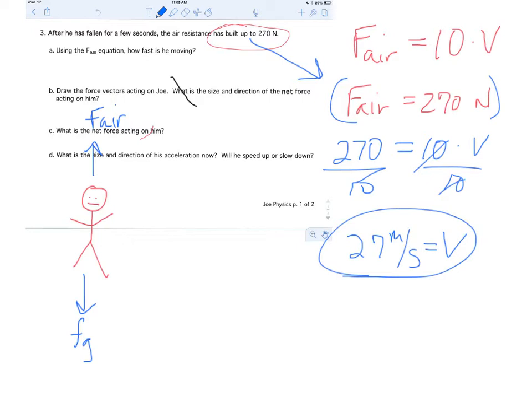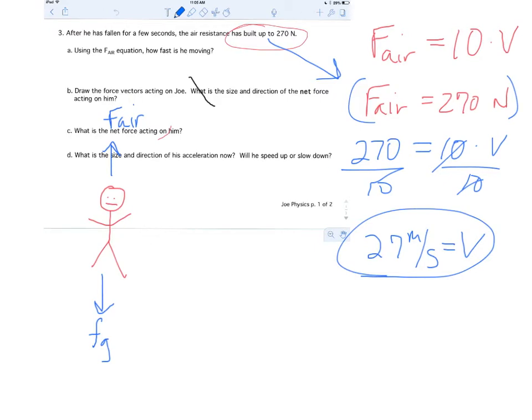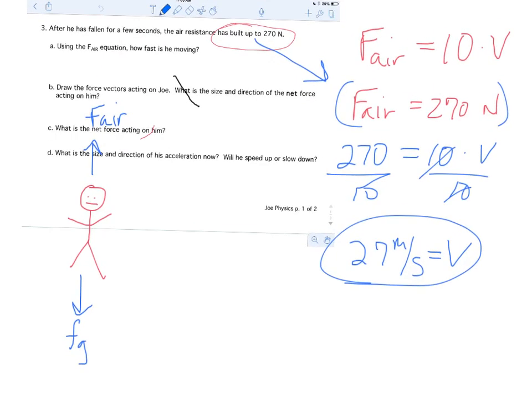So we want to know what's the net force. Well, what is my force due to gravity going down? It's 1,000 newtons because that's his weight. And the force due to air going up, like we just read from the problem, is 270 newtons.